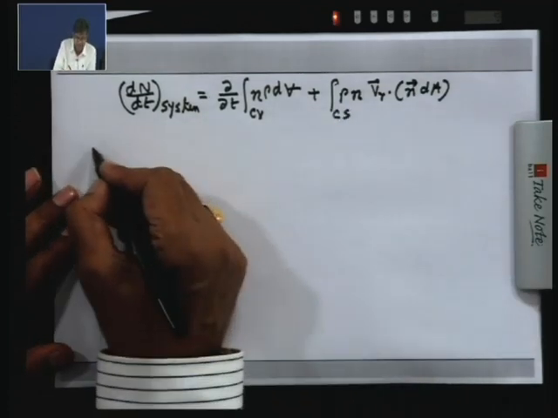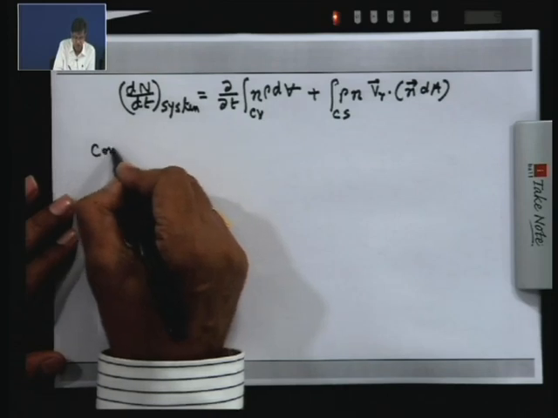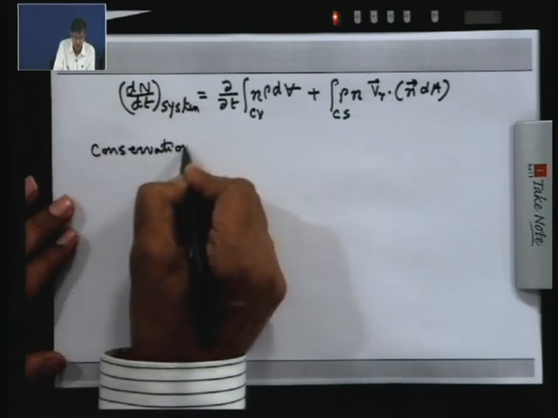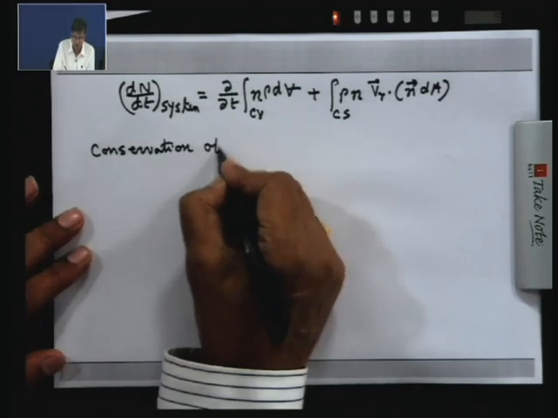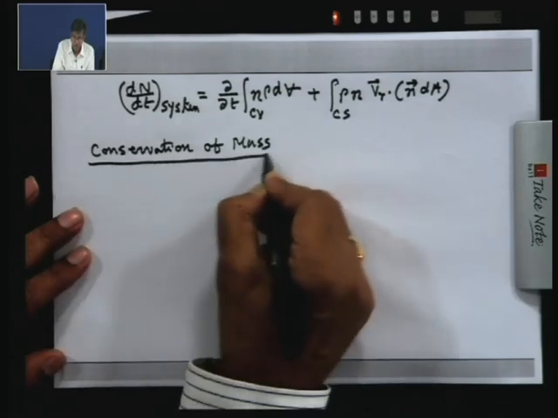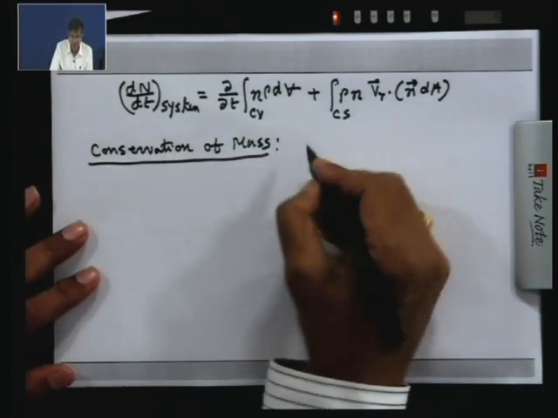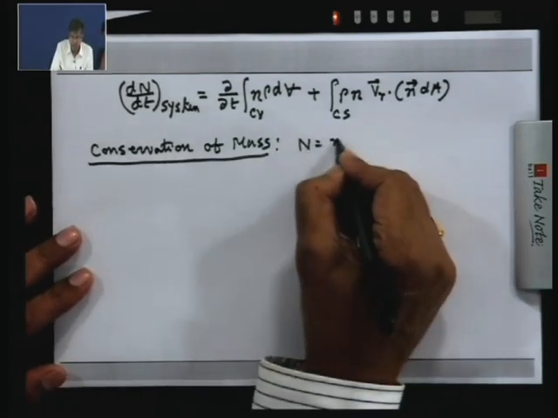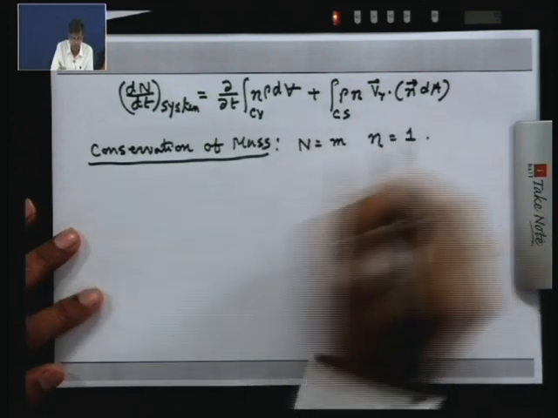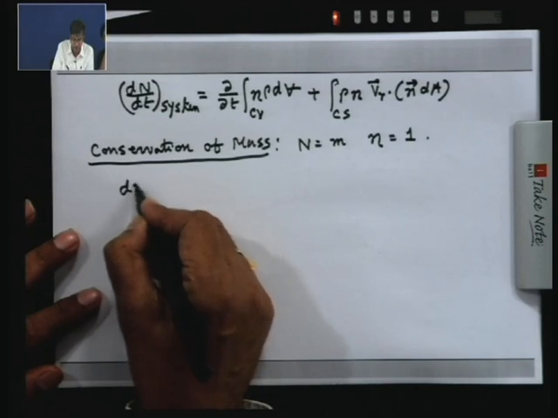Now, let us take the case of conservation of mass. How does the Reynolds transport theorem look in the case of conservation of mass? Now, if mass is the property, then n is equal to m. What is eta? Eta is m by m, which is 1.